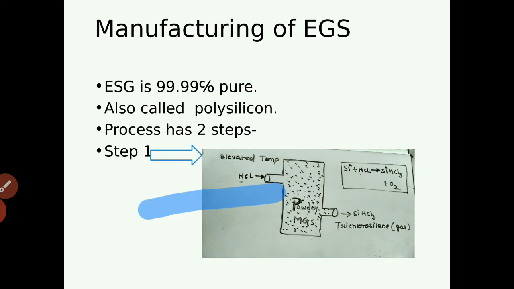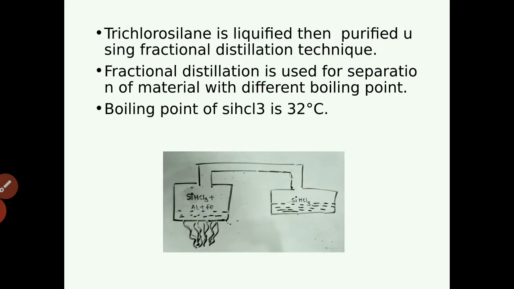We need to convert this gaseous trichlorosilane into liquid form, and we need to purify it as well, because we know that it contains aluminium and iron impurities. To purify it, we use the fractional distillation process. In this process, we can separate two materials with different boiling points.